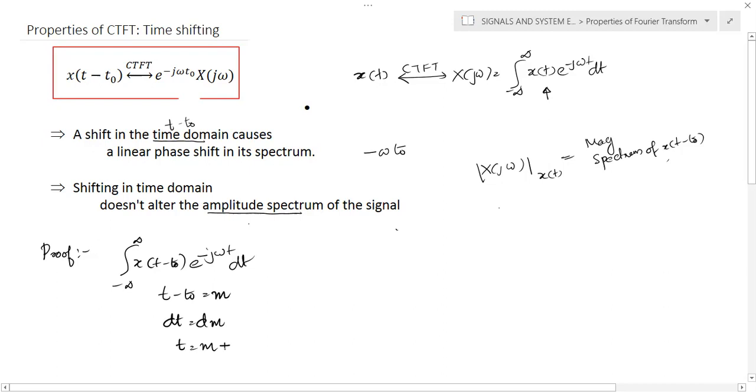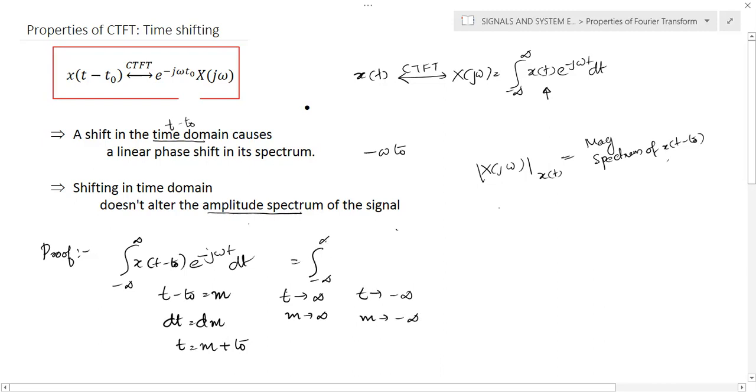Now, if we are changing the variable, if t is tending to infinity, m is also tending to infinity because t0 is a small constant. When t is tending to minus infinity, m is also tending to minus infinity. So there is no change in the limit.